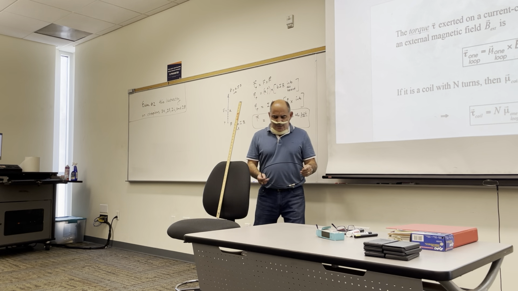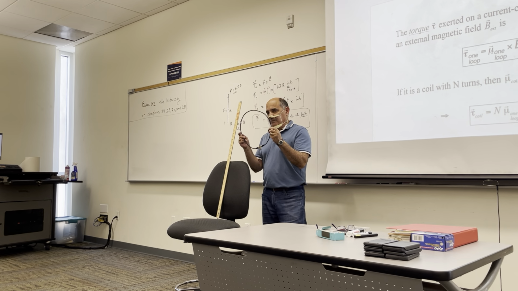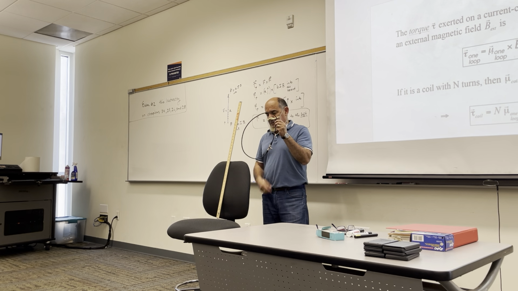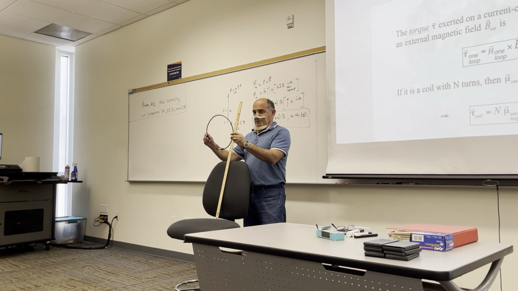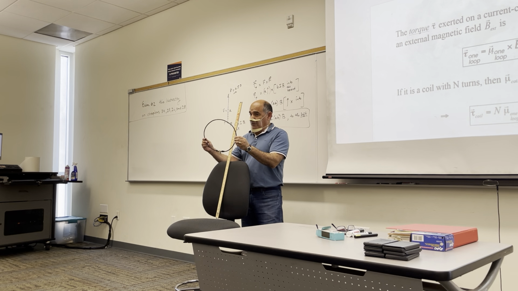If I have a coil with current in it, and I place it in this magnetic field region, what is the magnetic field going to do to this coil? It'll apply a torque on it, and it'll make it spin. Notice we're getting kinetic energy.